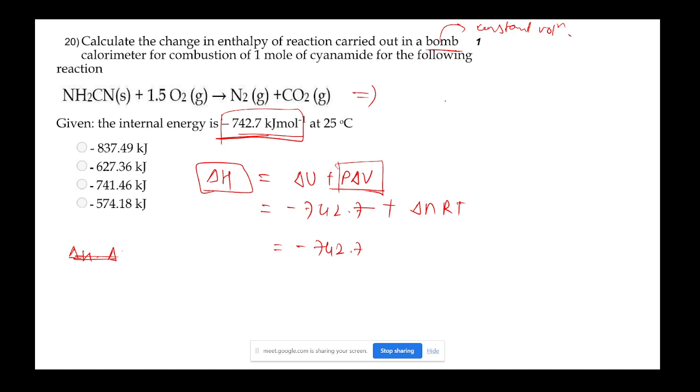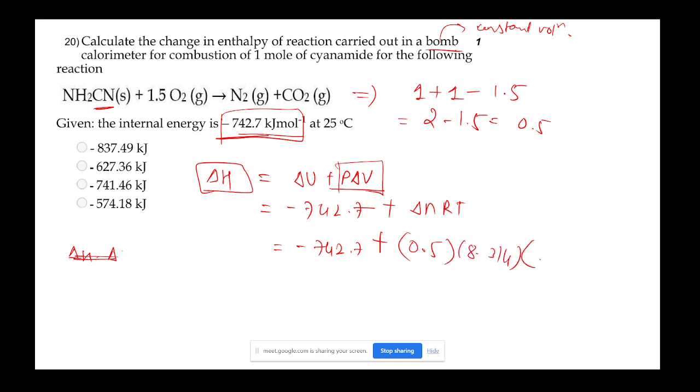So this will be 1 mole of N2 plus 1 mole of CO2 minus 1.5 moles of O2. Since this one is in solid form, you will not consider it. So 2 minus 1.5, which is 0.5. So this will be plus 0.5.